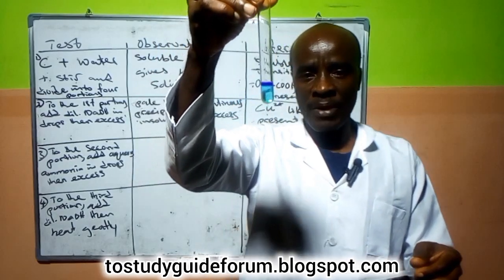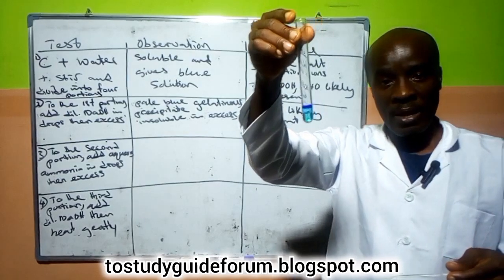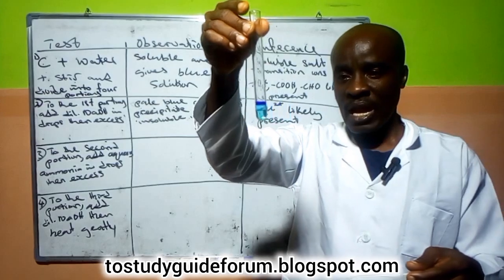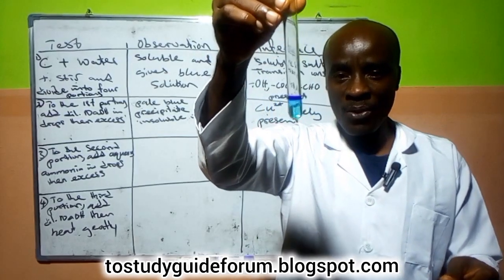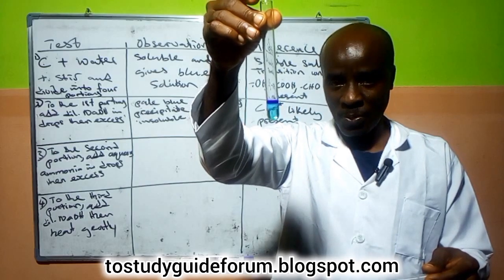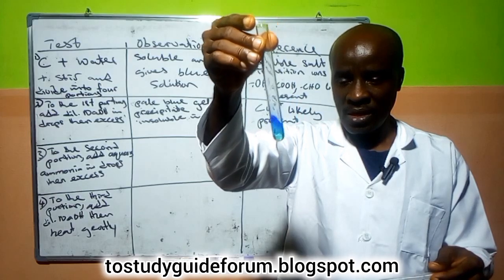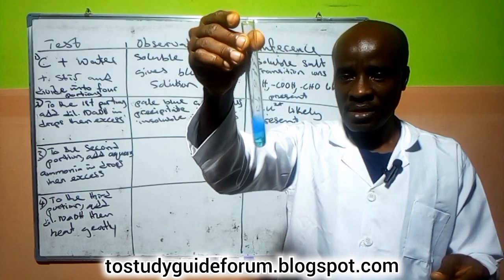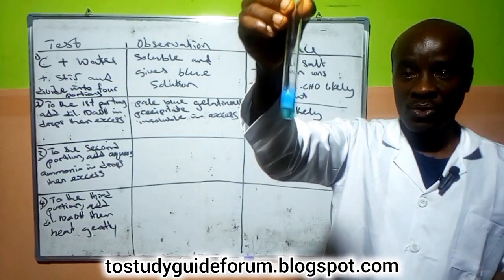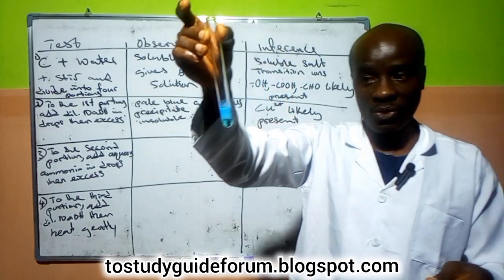The region that has pale blue color is an area that has a few drops of aqueous ammonia, and the region that has deep blue solution is the area of excess. So just pay attention to it. It's very important you know this. Now I'm checking it. Notice that they are mixing up together now. Everything is coming to give us pale blue gelatinous precipitate. This is something you should also note.